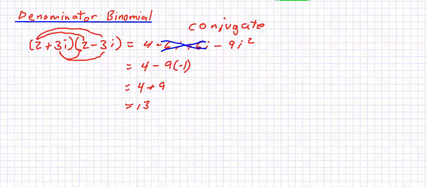When we multiply by the conjugate, we no longer have an imaginary number. Totally gone. So now let's look at a problem. We have 3 plus 2i divided by negative 2 plus 4i.